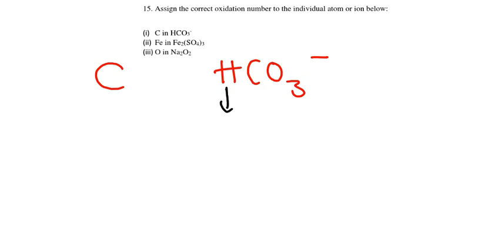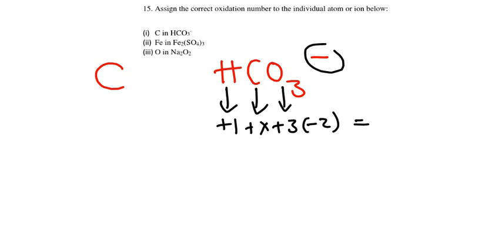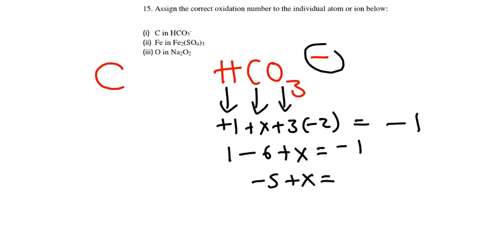Hydrogen is +1, carbon is what we're trying to find, we'll say X, and oxygen is -2, equal to the net charge, which is -1. So we have 1 minus 6 plus X is equal to -1. We have -5 plus X is equal to -1. Then X is -1 plus 5, that would be 4. So +4.